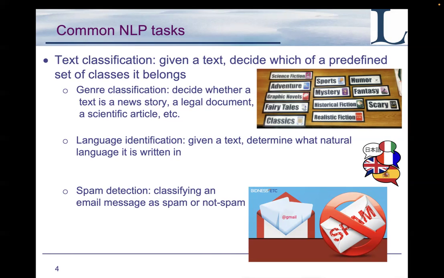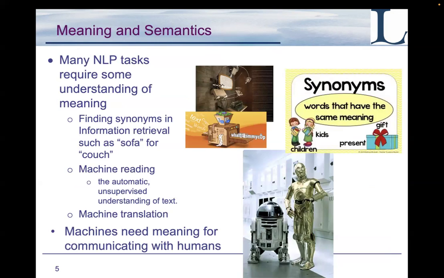So language is a very difficult, complicated matter to model. Many tasks are concerned with somehow modeling, not understanding, that is not the correct word, but modeling of meaning. Like finding synonyms.